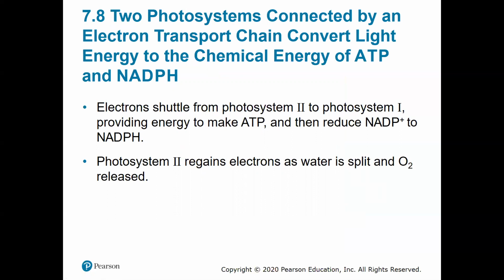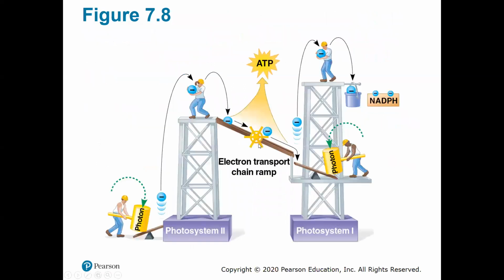So there are two photosystems that are needed for the light reactions. And the names of the systems, honestly, may seem backwards to many people. But photosystem 2 was discovered after photosystem 1.